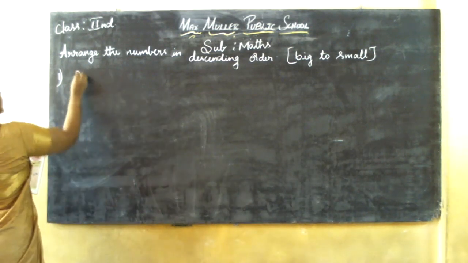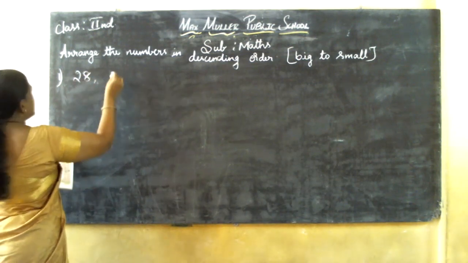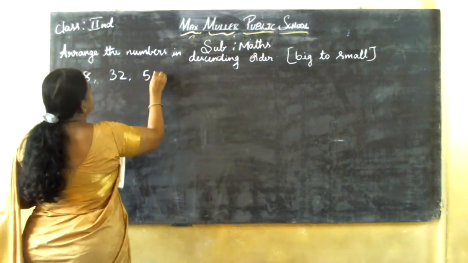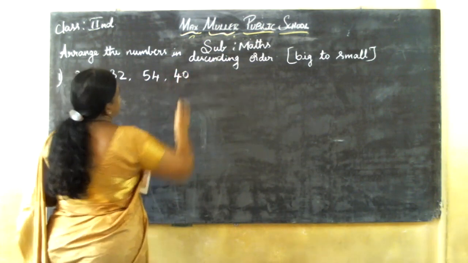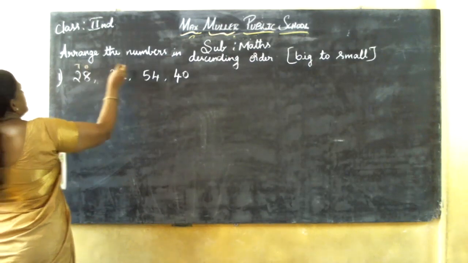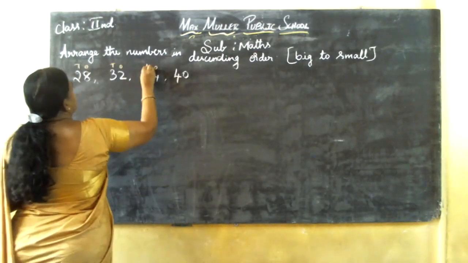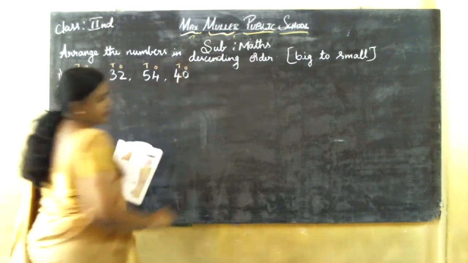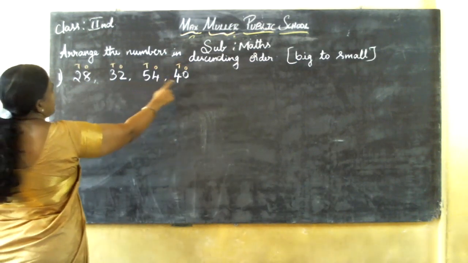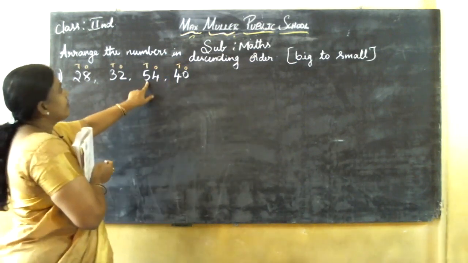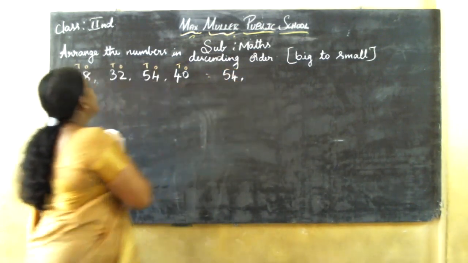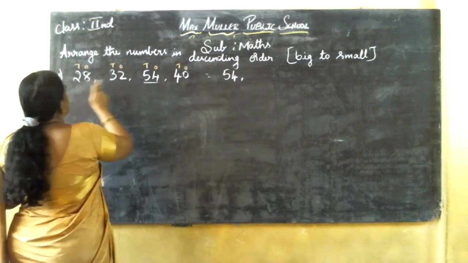First one now: 28, 32, 54, 40. Now which number will we see first? We will see the tens number. See the first, 2 is there, 3 is there, 5 is there, 4 is there. Which one is bigger here? 5. 5 means 54 is the bigger number. 54 over.